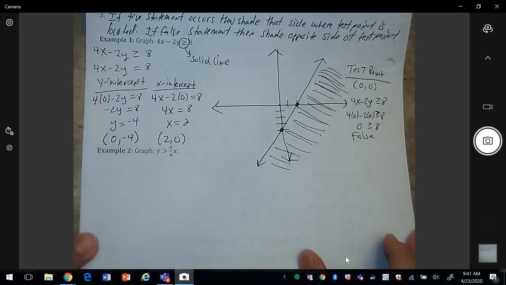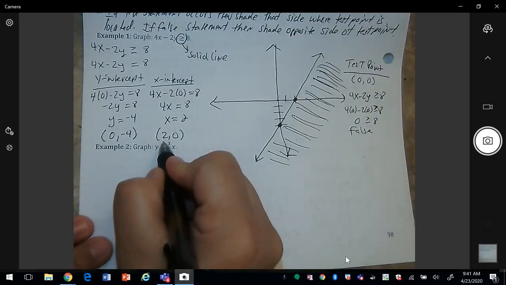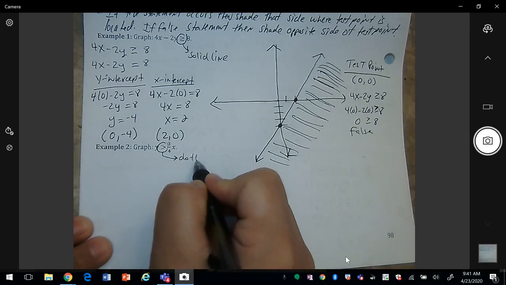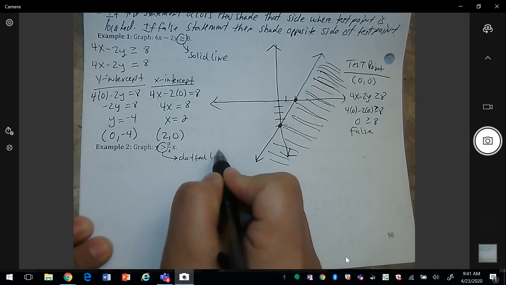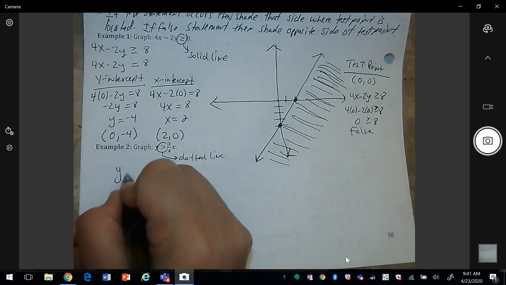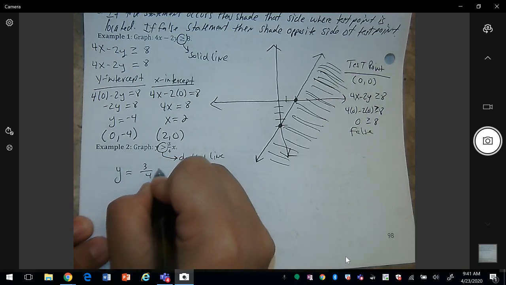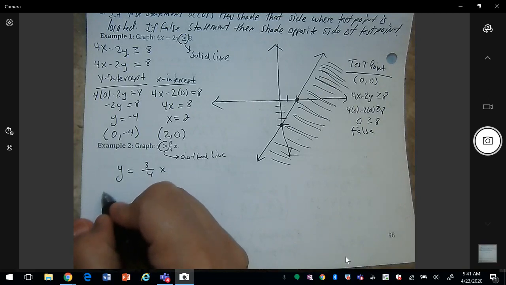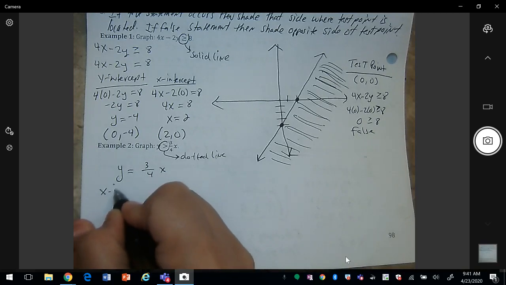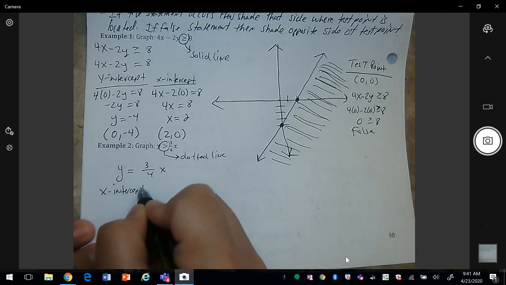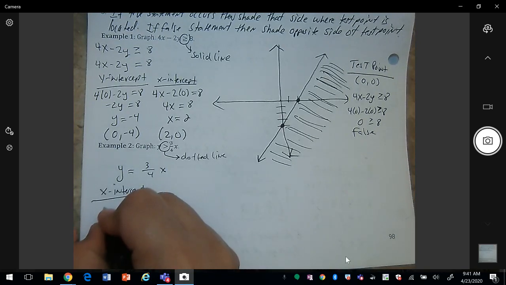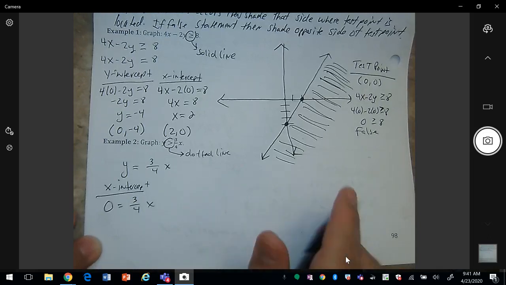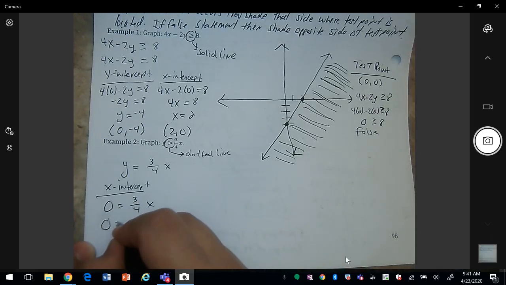Okay, let's try example 2. Here, notice that it's a greater than sign, so we're going to use a dotted line. My first step is to make this into an equal sign. And I'm going to go ahead and find the x-intercept by letting y equal 0, multiply by 4 on both sides.